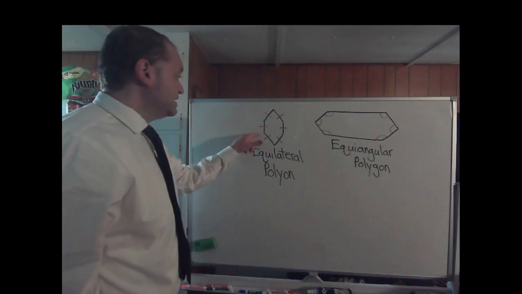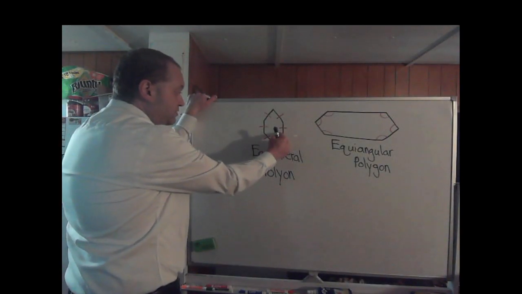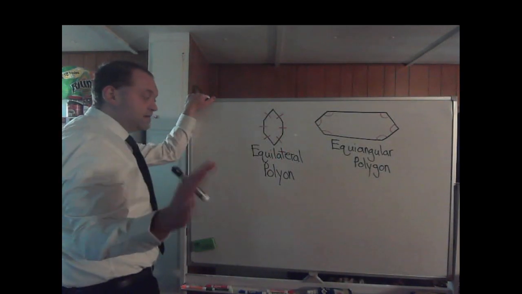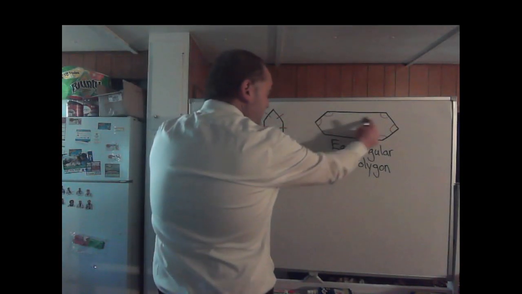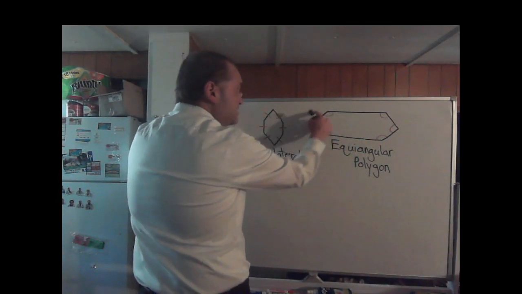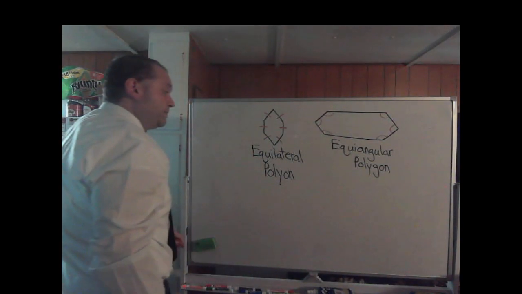Like you can clearly see here, on this one you would have an acute angle and an obtuse angle. Right here, clearly it's not equiangular, it's just equilateral. This here, yeah, the angles may all be congruent, but clearly you see some sides are longer than the others, so clearly that's not equilateral.